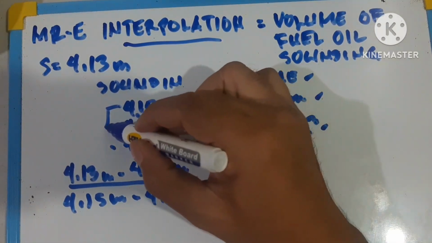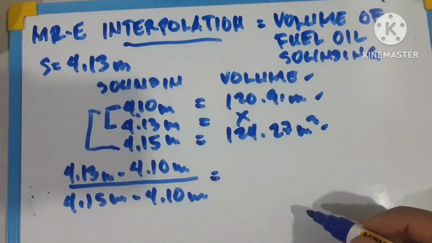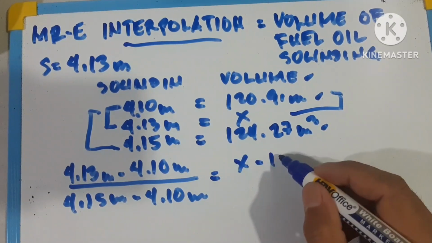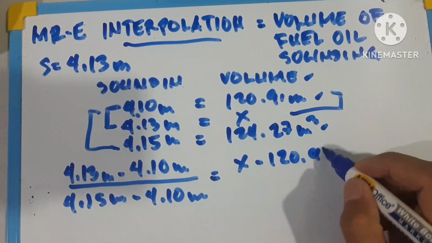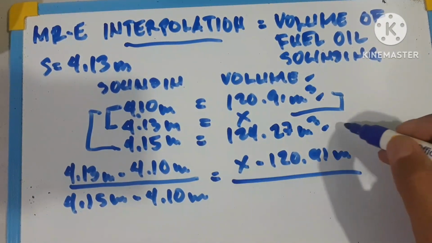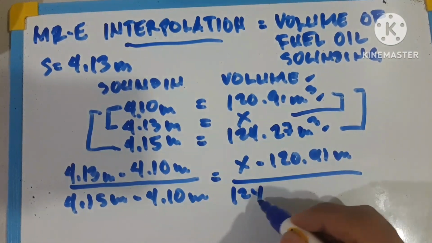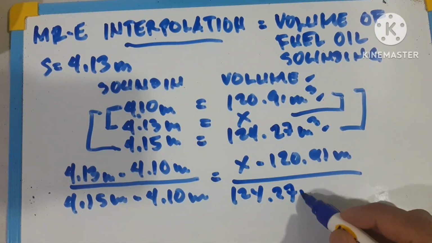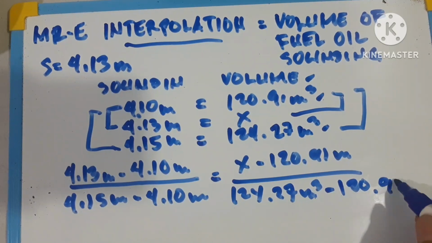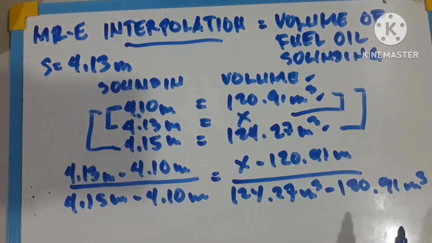So this is minus this, and this is minus this, and then equivalent to x minus this, which is x minus 120.91 cubic meter, divided by 124.27 cubic meter minus 120.91 cubic meter. You have to keep all the units so that you will not get confused later on.